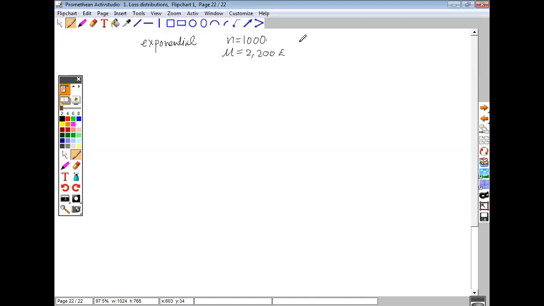What should I do? So basically, I have to figure out what should be the estimate of the parameter for the exponential model.